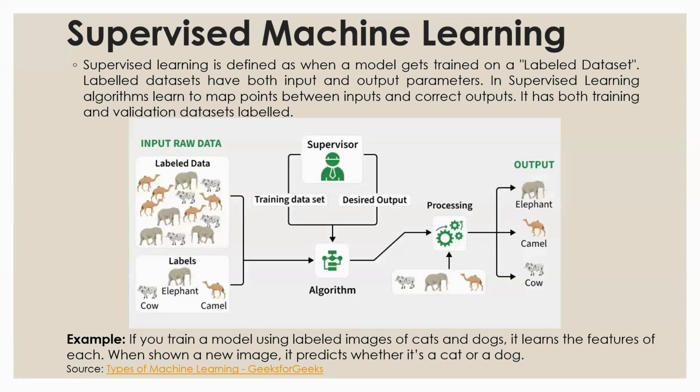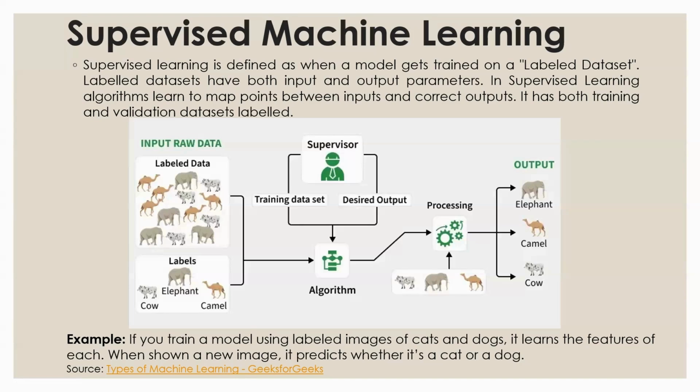When we insert it into the system or the algorithm, it trains on the data set and generates a desired output. Initially we input all the data with camel, cow, and elephant characteristics, and the AI system is trained.